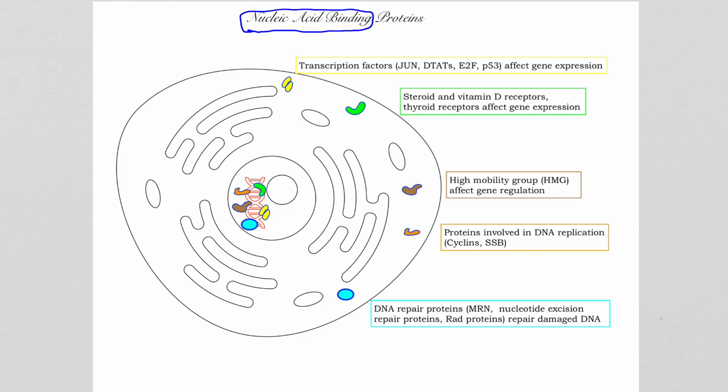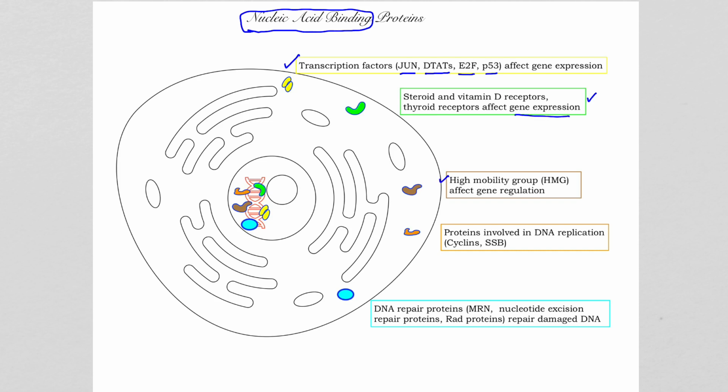Examples of these proteins are transcription factors, which affect gene regulation. There are many different transcription factors. Here are a few examples. Then we have steroid as well as vitamin D receptors as well as thyroid receptors. These are also proteins that will bind nucleic acids and they affect gene expression.